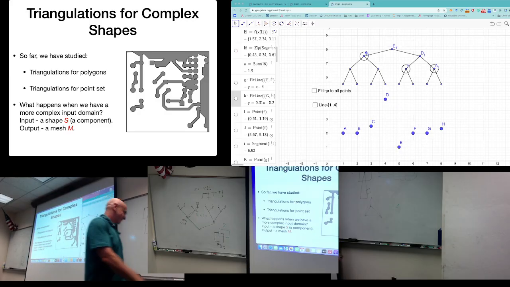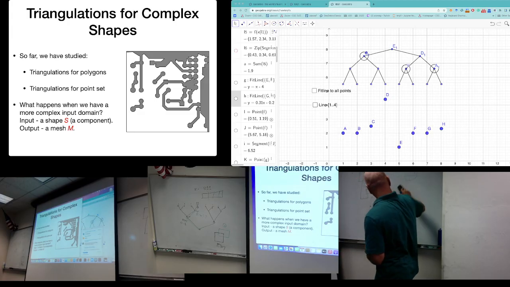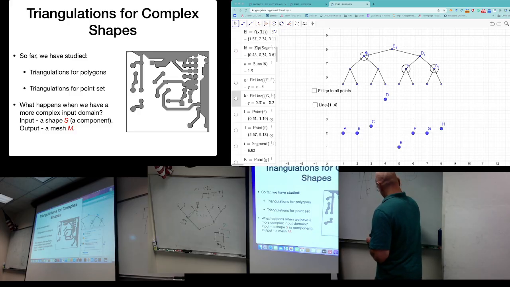I want to have as an output, and triangulation is only one of the ways to get it, a complex region partitioned into simple shapes, and simple in two meanings here.